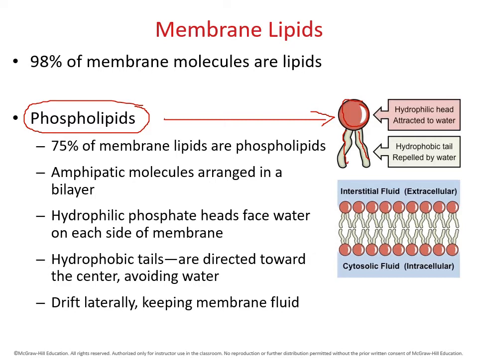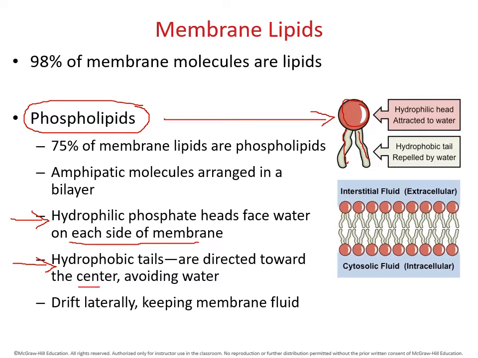Now, in case you were wondering how exactly does it stack on top of each other, you can see right here on the slide, it says the hydrophilic head will face the water on each side of the membrane. So that means both the outside external cellular fluid and the inside internal cellular fluid, while the hydrophobic tail will be folded inwards into the center.